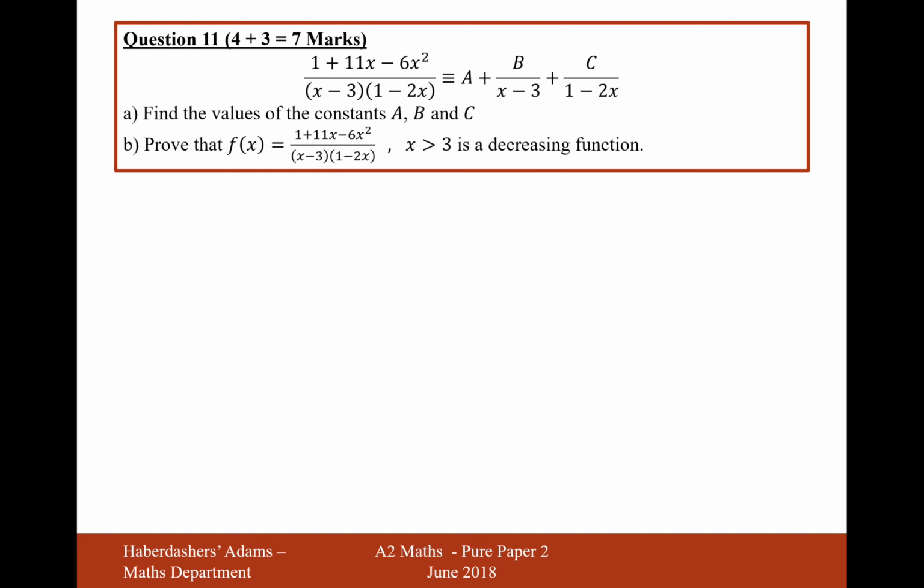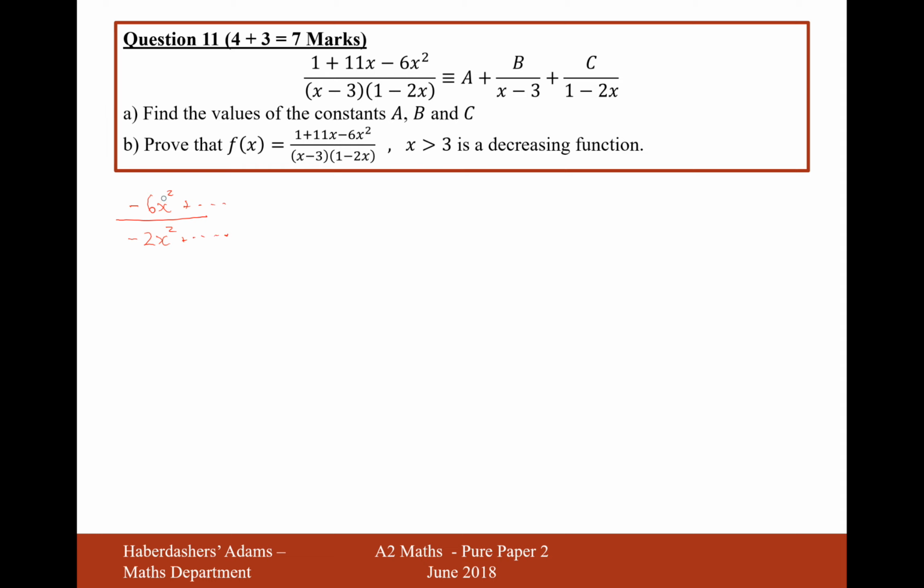Okay, so now let me just show you a quick shortcut for how you can get A really quickly. What you can do is take the highest power on the numerator, that's effectively minus 6x squared. Take the highest power on the denominator, that's minus 2x squared, plus dot dot dot on the bottom as well.